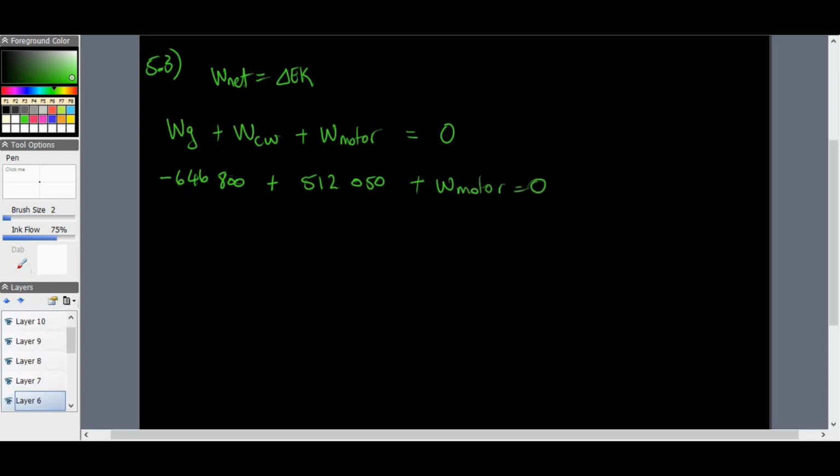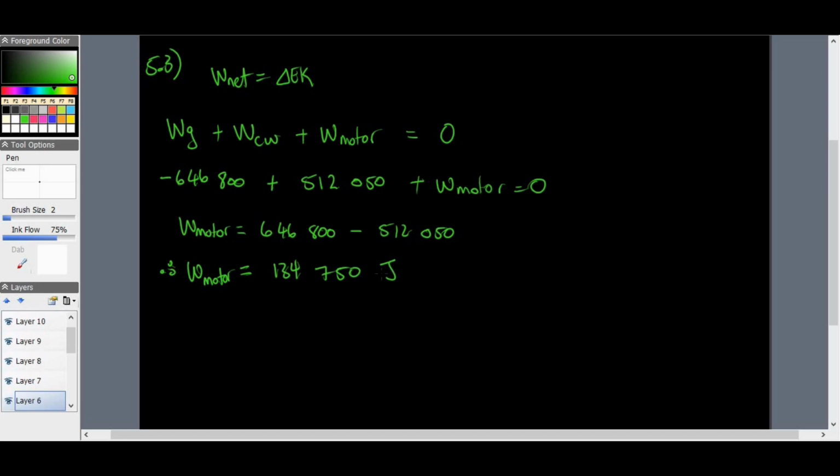Basically the negative goes over, so the work done by the motor is equal to 646,800 minus 512,050, and therefore the work done by the motor is equal to, I think, 134,750 joules. Yes, that's correct.